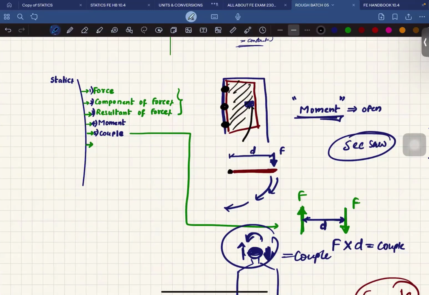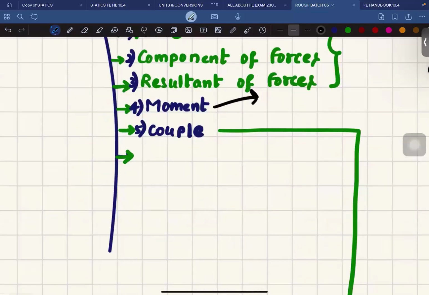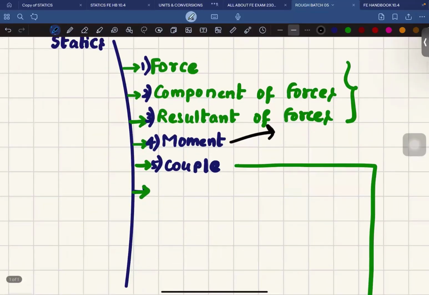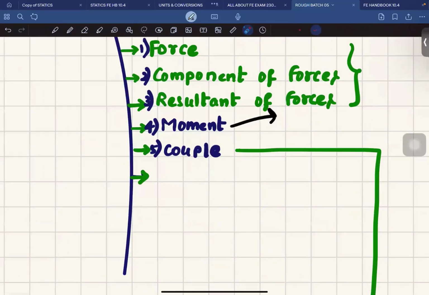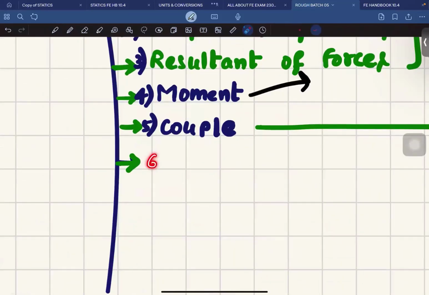If you apply some moment, the body is under motion. If you apply some couple, the steering wheel is under motion. Anything applied by forces, but still at rest, stays in equilibrium. There is a concept called equilibrium of a body.